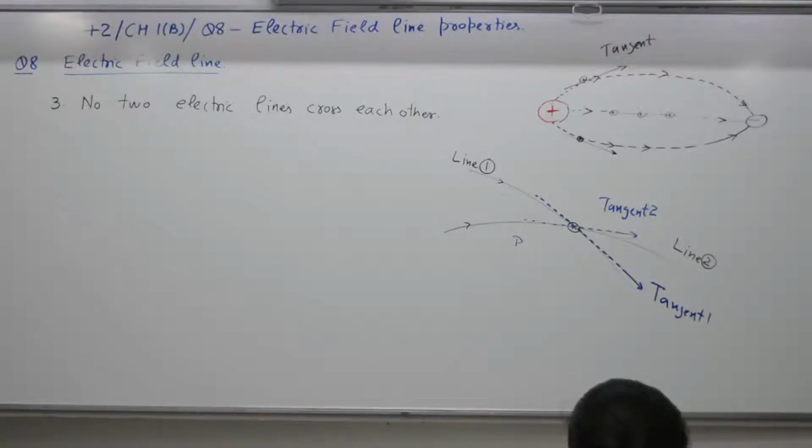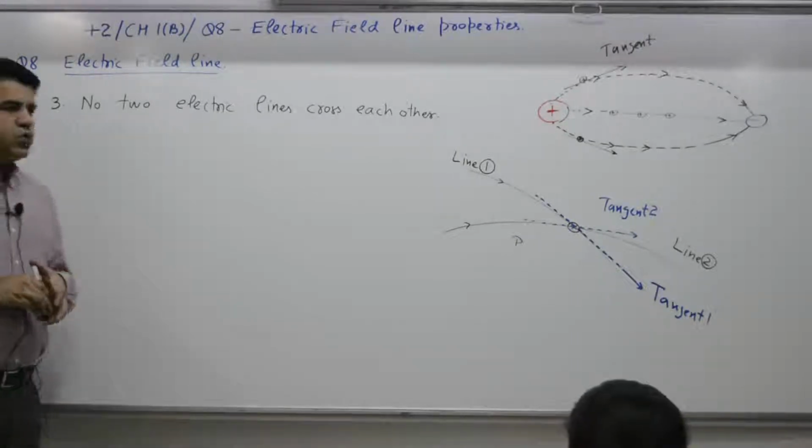Electric field at any point is tangent to the line at that point. At point P, there are two tangents T1 and T2. It means the charge will have two accelerations when placed at P, which is not possible. So no two lines cross each other. Time with you is 2 minutes to write.